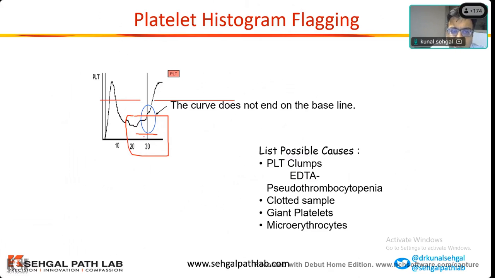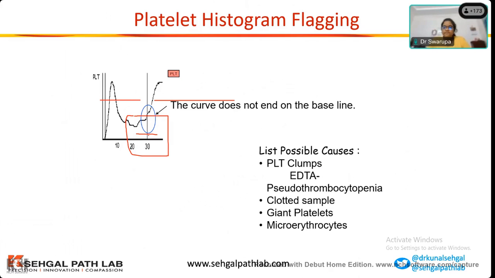So we need to see the flag. What I do is, whenever I see this histogram, the first thing I see is, is there microcytosis? If MCV is normal, it is unlikely to be an RBC issue. Then I know it's a platelet issue, so I'm already screening my smear for clumps. If platelet count is normal and there is microcytosis, then it is more likely an RBC issue.